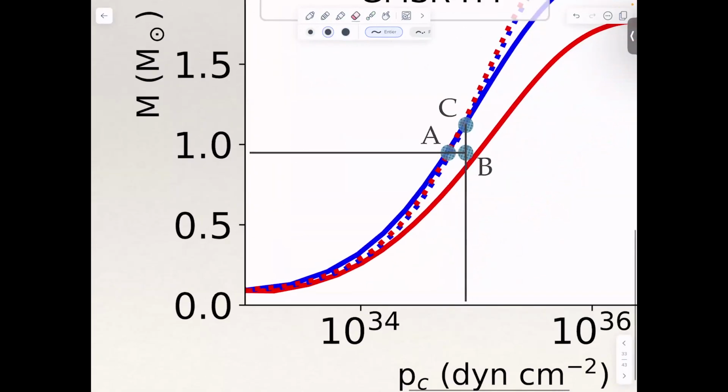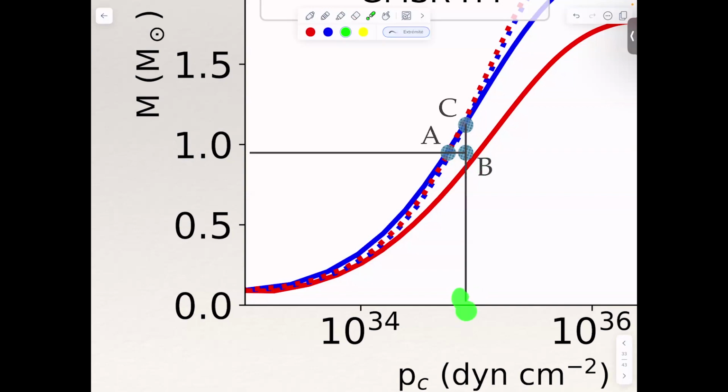So this is my pressure. I'm in this out-of-equilibrium solution, B, associated to a given pressure. So where is my equilibrium? What is the equilibrium configuration associated to this pressure?